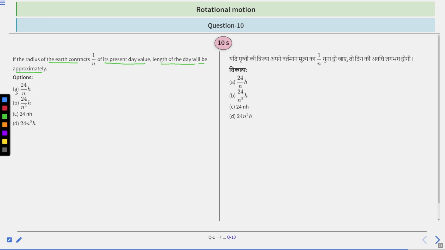The options: option A is 24h by n, option B is 24h by n square, option C is 24nh, and option D is 24n square h. Which option is correct? You have 10 seconds to solve this question. After 10 seconds, we will provide the solution. Clear?